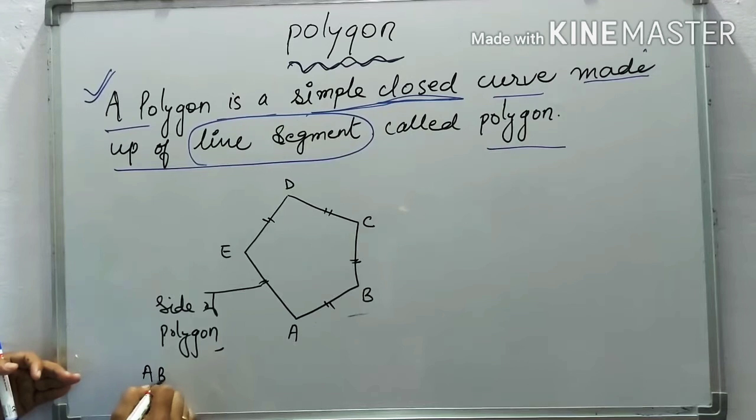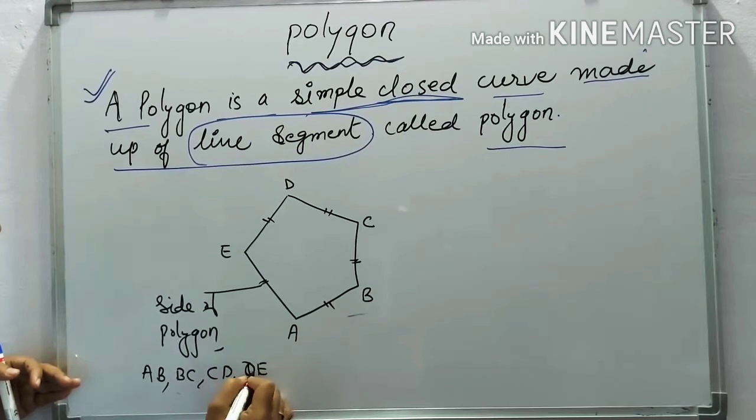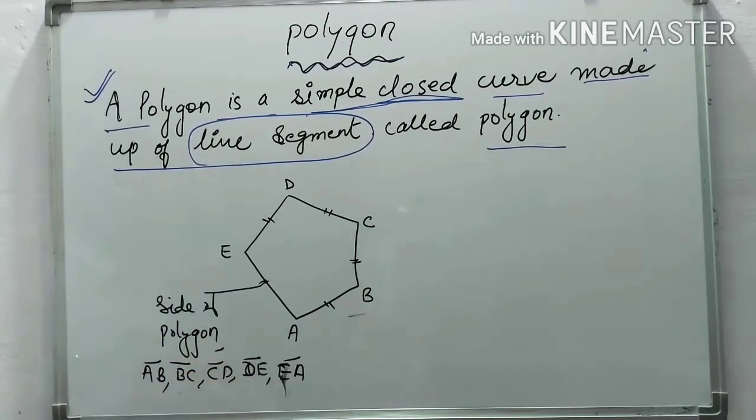You write AB, BC, CD, DE, and EA. They are all sides of the polygon.